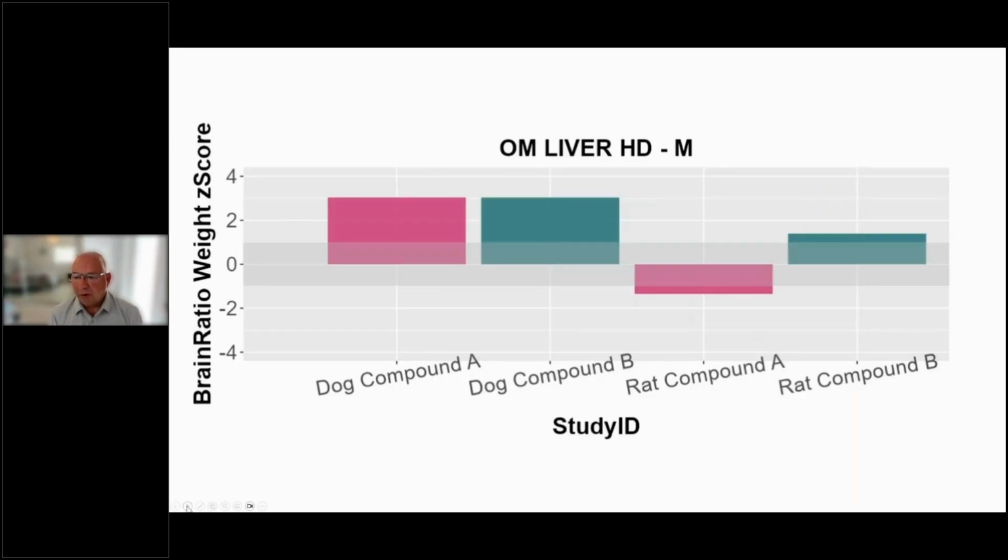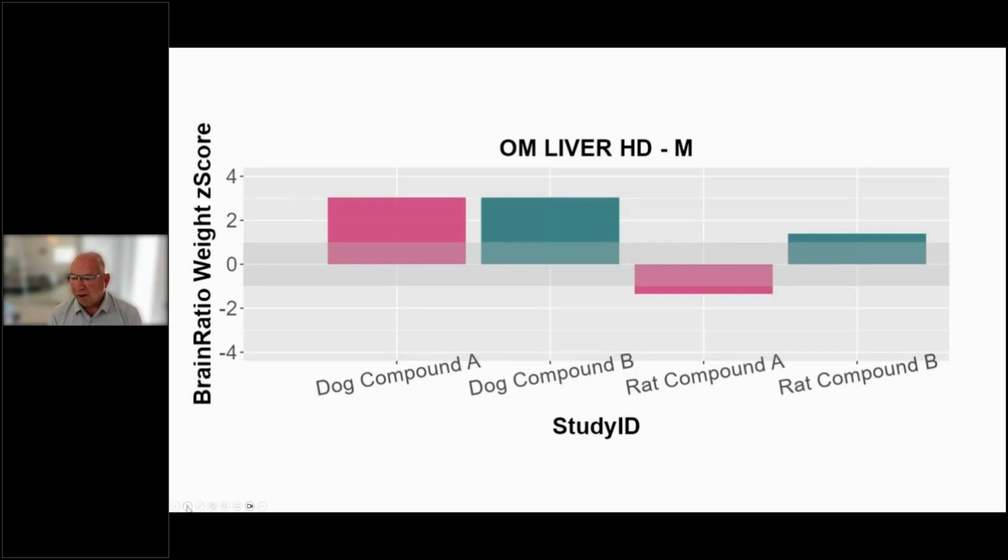So this is the organ weights. This is brain ratio weight z-score. And again, this is playing out what we saw in the liver specific radar plot, where compound A and compound B dog studies had significant increases in liver weight. And that's what's showing here in this z-score plot.